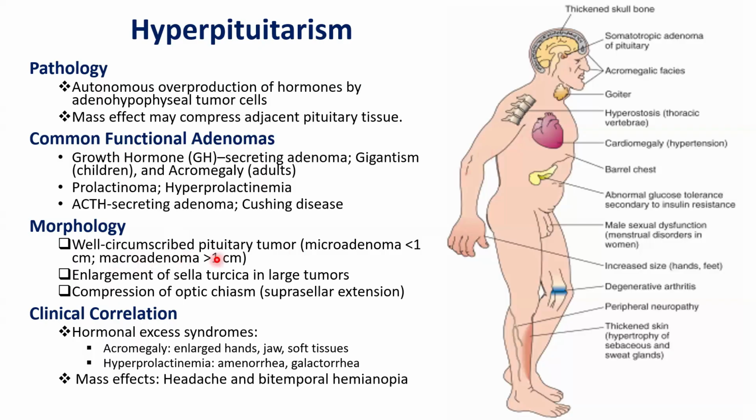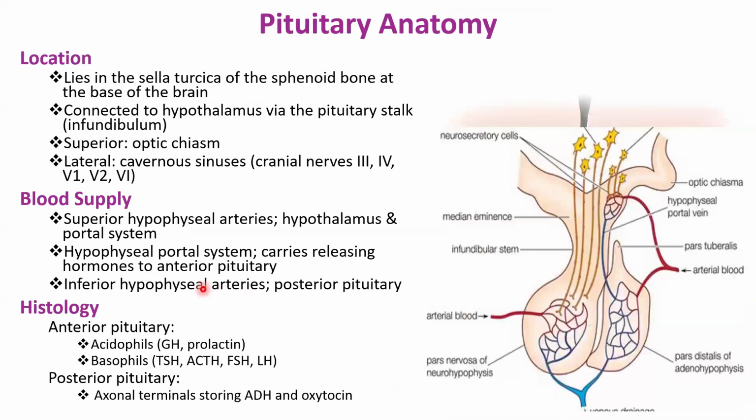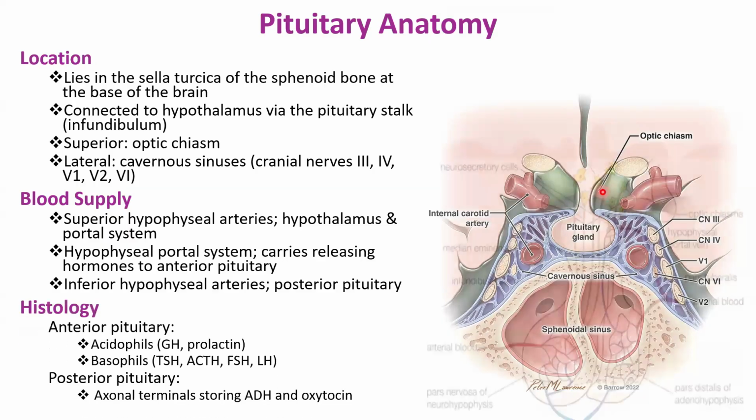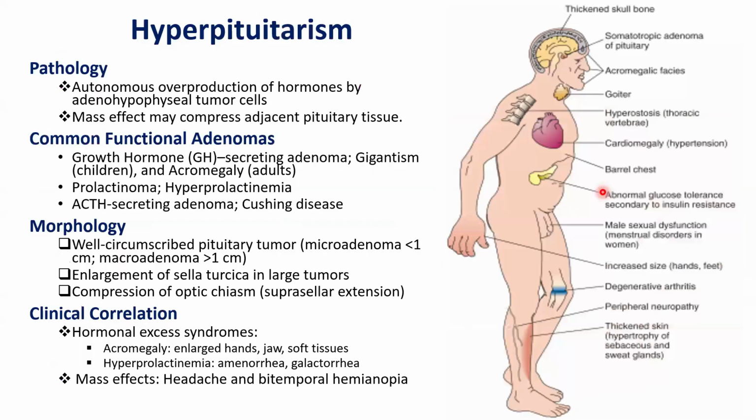Due to that, the sella turcica, remember the sella turcica is the bed of this pituitary gland, will be enlarged in large tumors, and you'll have compression of the optic chiasma. Remember, I showed earlier that the optic chiasma is superior to the pituitary gland. Now you have a tumor here. What will it do? It will compress the optic chiasma, and through that you'll have visual disturbances.